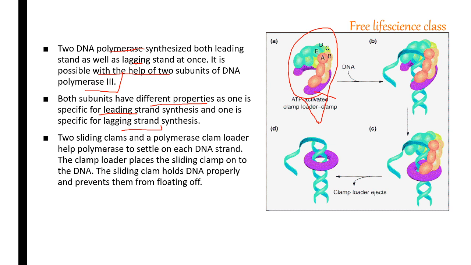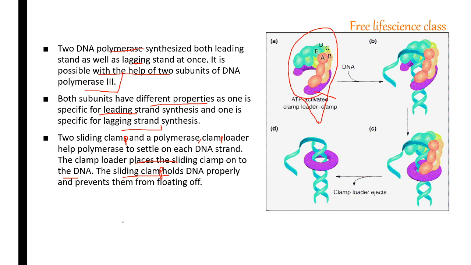Okay. So, there are two sliding clamps and a polymerase. This clamp loader helps the polymerase to settle on each DNA strand. So, this helps in placing the sliding clamp on the DNA. And this sliding clamp holds the DNA properly and prevents them from floating off.